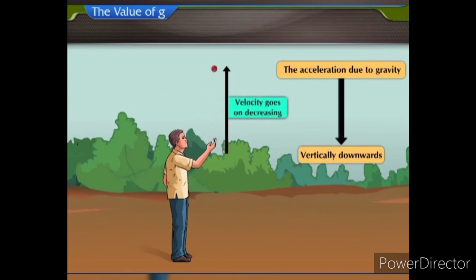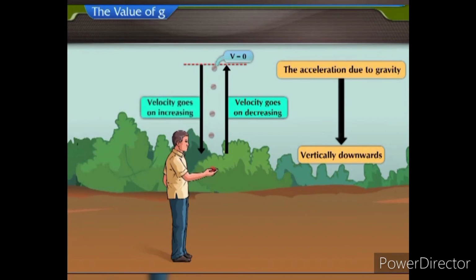Therefore, its velocity goes on decreasing and finally becomes zero at some height. From this height, the object begins to fall vertically downwards under the effect of the force of gravity, due to which its velocity goes on increasing as it falls on the earth.